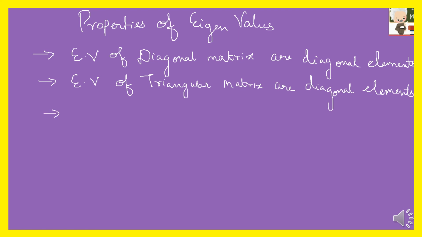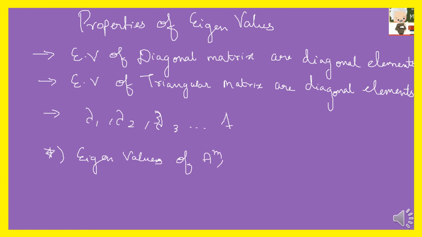And the third is: if lambda 1, lambda 2, lambda 3 and so on are the eigenvalues of some matrix A, then these are a few tips. One is, the eigenvalues of the matrix A power m will be lambda 1 power m, lambda 2 power m, lambda 3 power m, and so on.